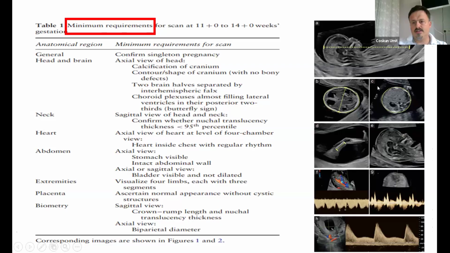Here are the examples and the pictures. As you can see here, the CRL, the BPD and HC and abdominal circumference, long bones, the fetal profile, ductus venosus, tricuspid valve, and the uterine vessels of the mother.